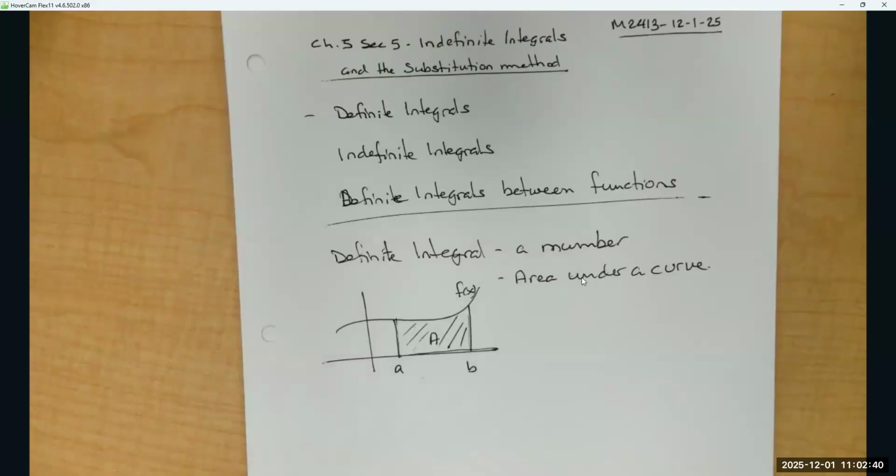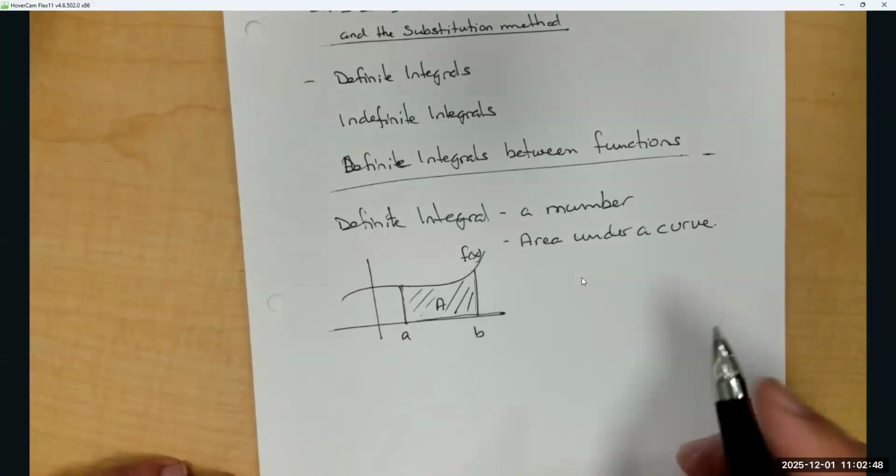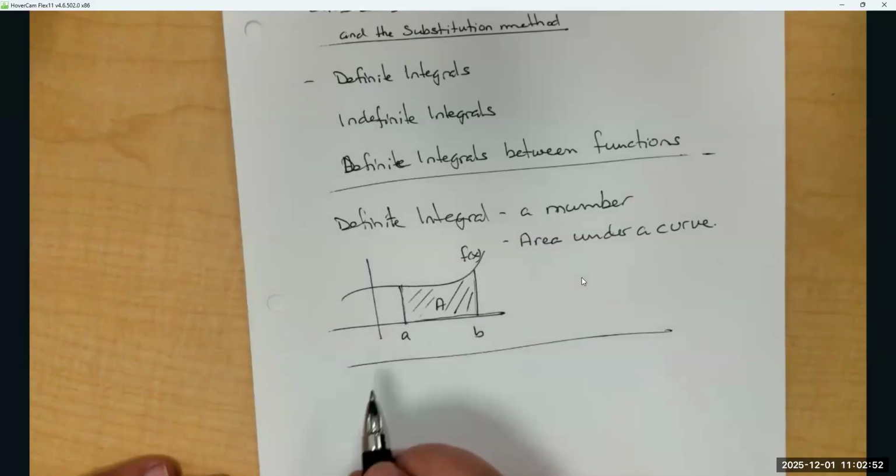So there's a little bit more to it than saying area under a curve. But it gives us a number. It gives us an area value. That's what we did last section.